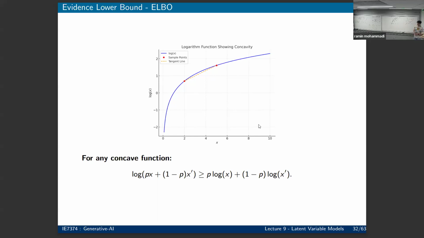That's convex. Concave is the opposite: if you pick any two points and connect them, that line is always below the points above it. So log is a concave function. That means the log of a sum is always greater than the corresponding combination of the individual logs, that is, it is always above the line. Does that make sense so far?